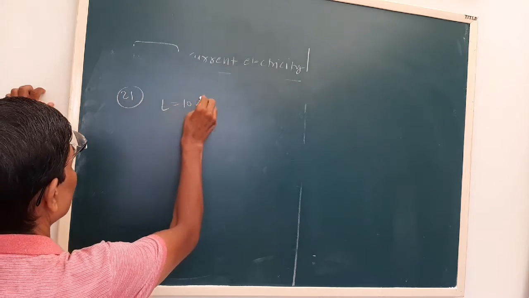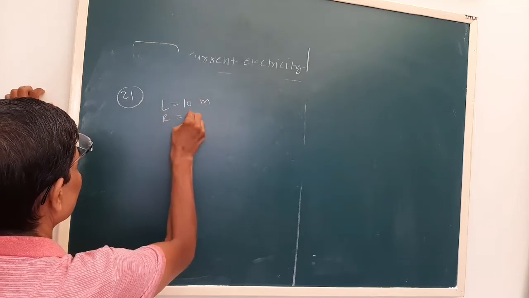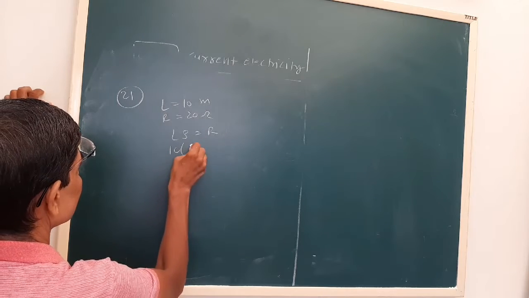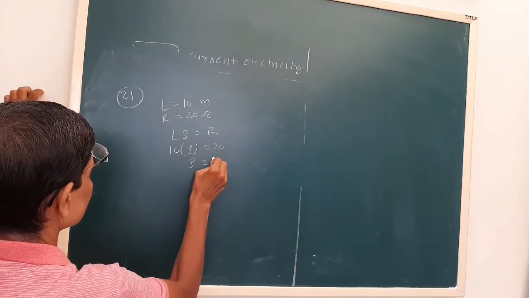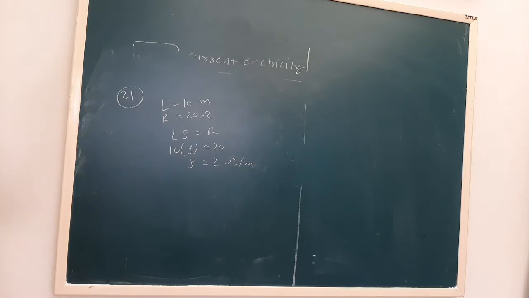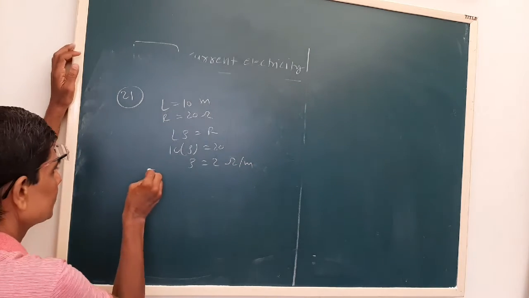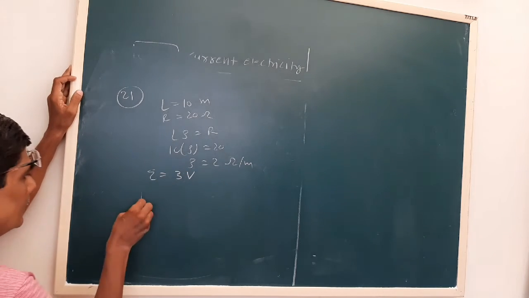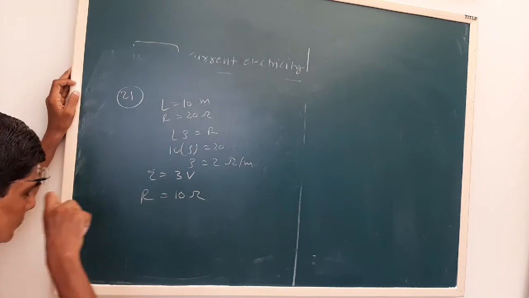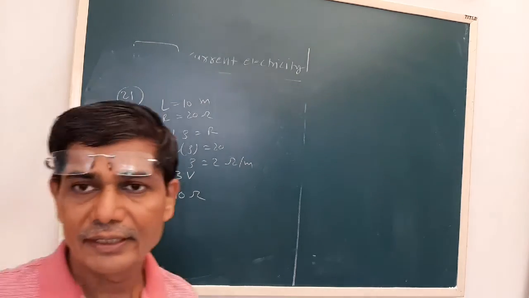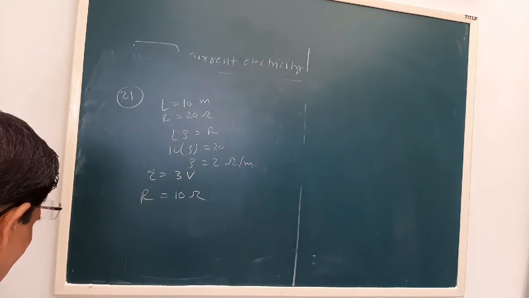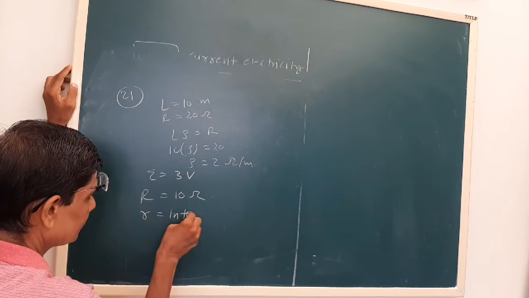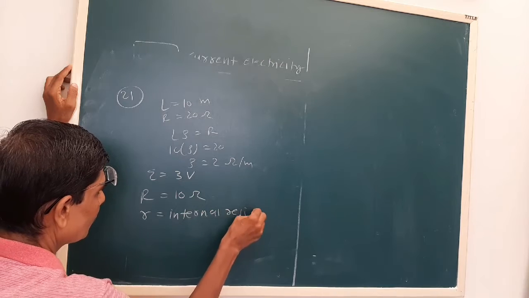L is 10 meter, R is 20 ohm, L rho is R. Now the EMF of the 3 volt battery, and R is 10 ohm, that we studied in the theory part, the resistance obtained from the resistance box. Here we have to neglect the internal resistance of the cell.